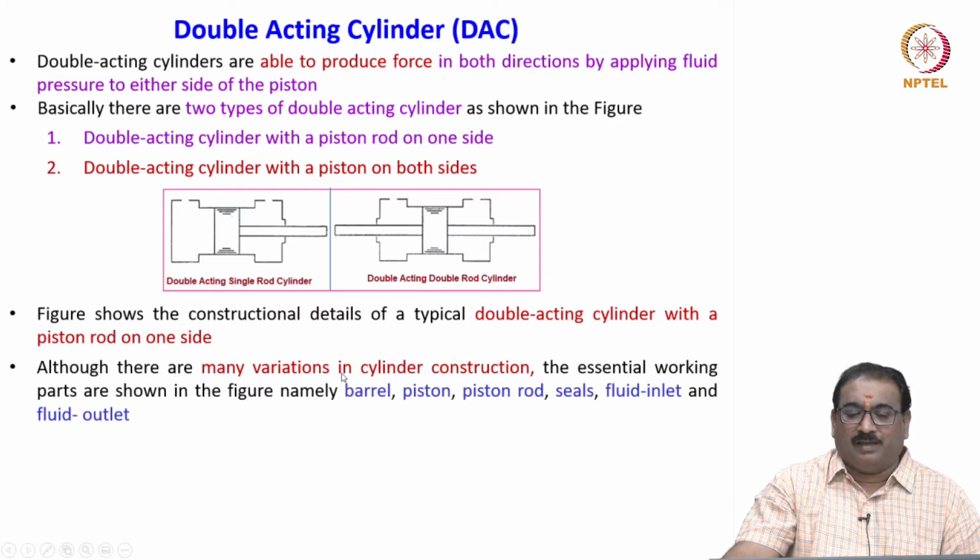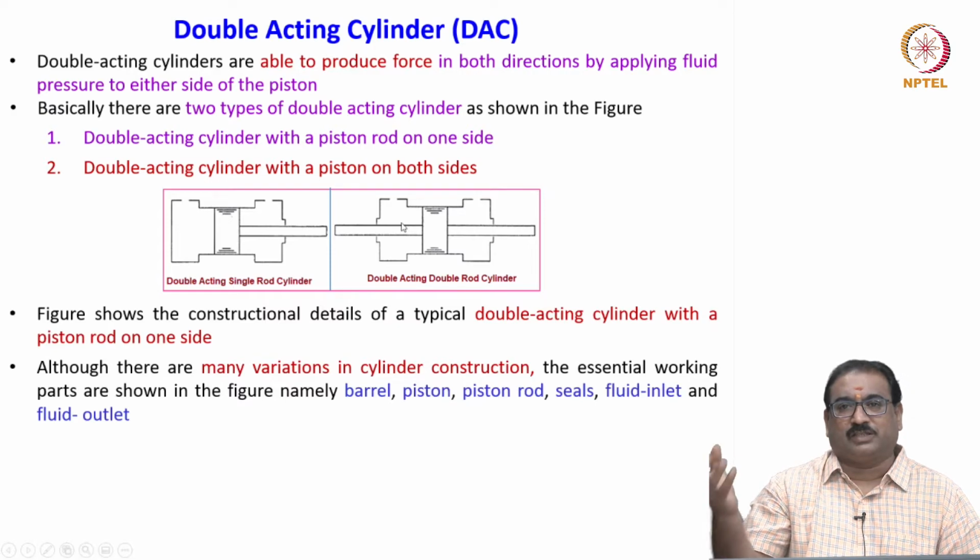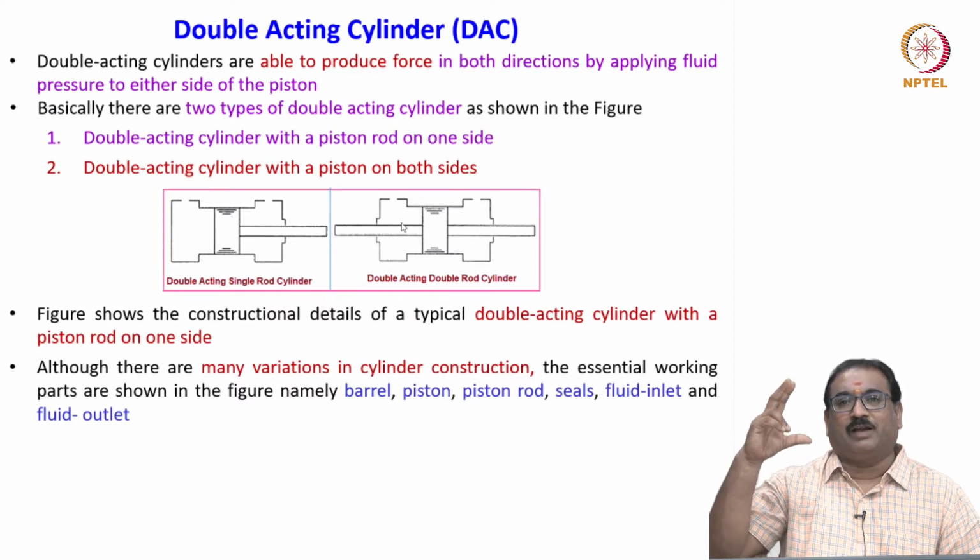Although there are many variations in cylinder construction, now what I am telling here, friends, you will see here double acting cylinder, single rod, double acting cylinder, rod on either side. Here it is equal area, but it need not necessarily be always equal area, based on the customer requirement the rod diameter also varies.